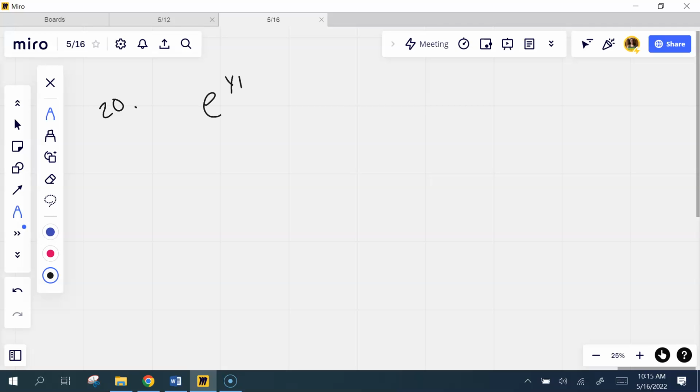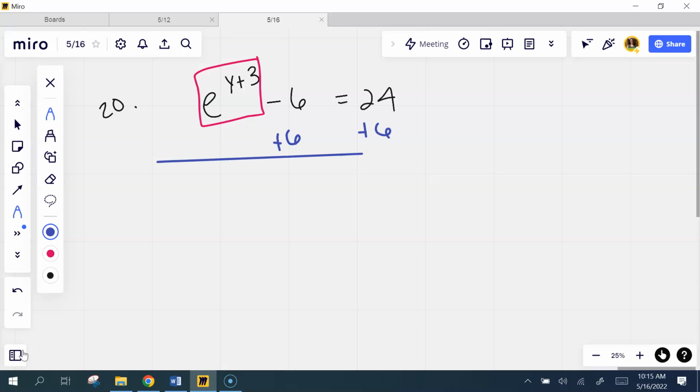e to the y plus 3, minus 6, equals 24. So again, I'm isolating the exponential piece, which is this. So that's exactly right. Plus 6 on both sides to try to get it by itself here. So I have e to the y plus 3 equals 30. Now what?